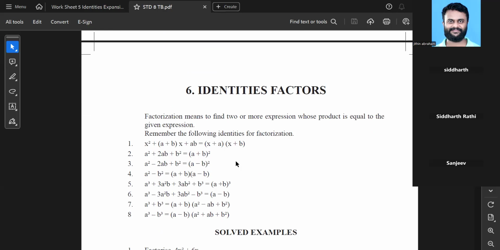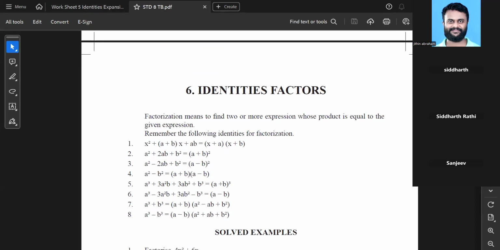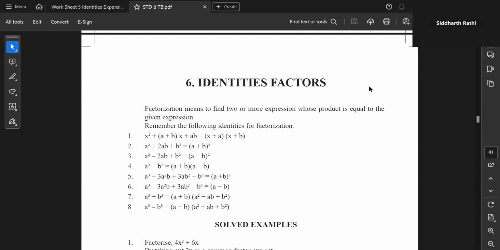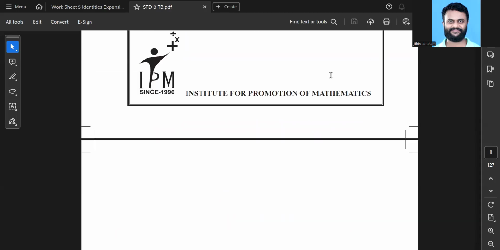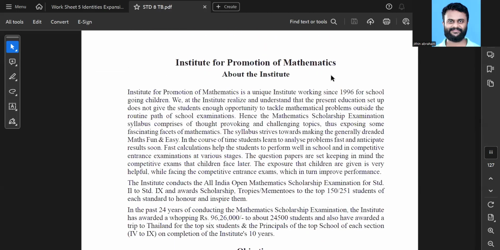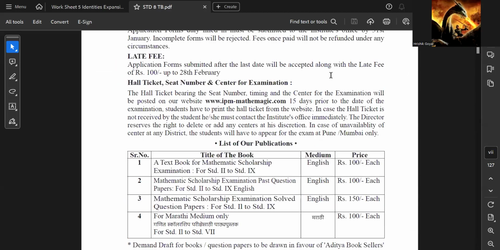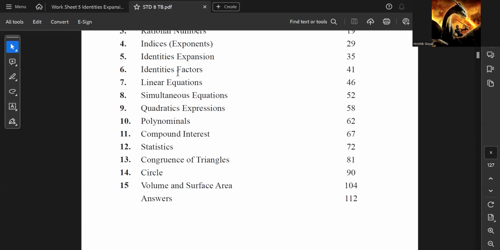I think, sir, there are two different chapters. Check the index in your book. So you did chapter 5 in the previous class, but you didn't do the factors.